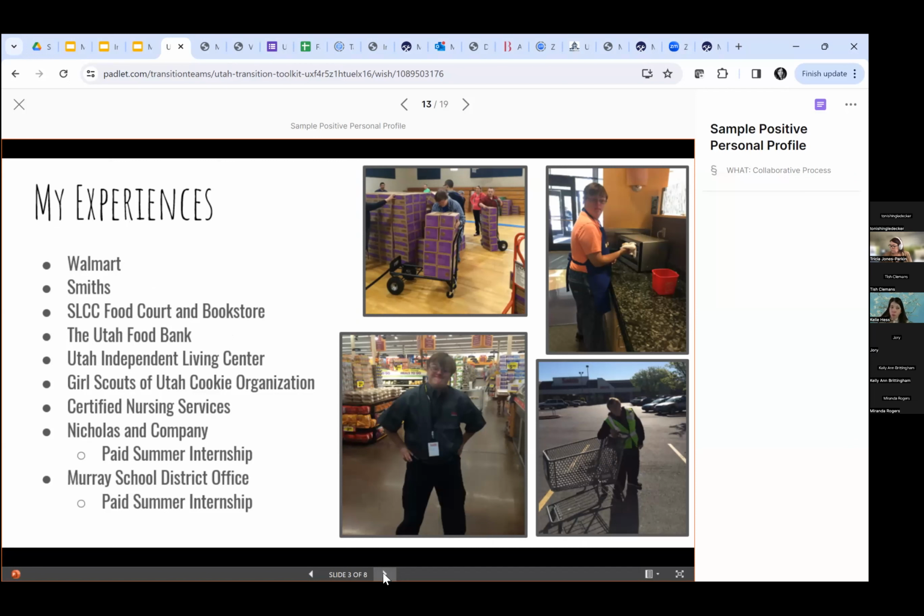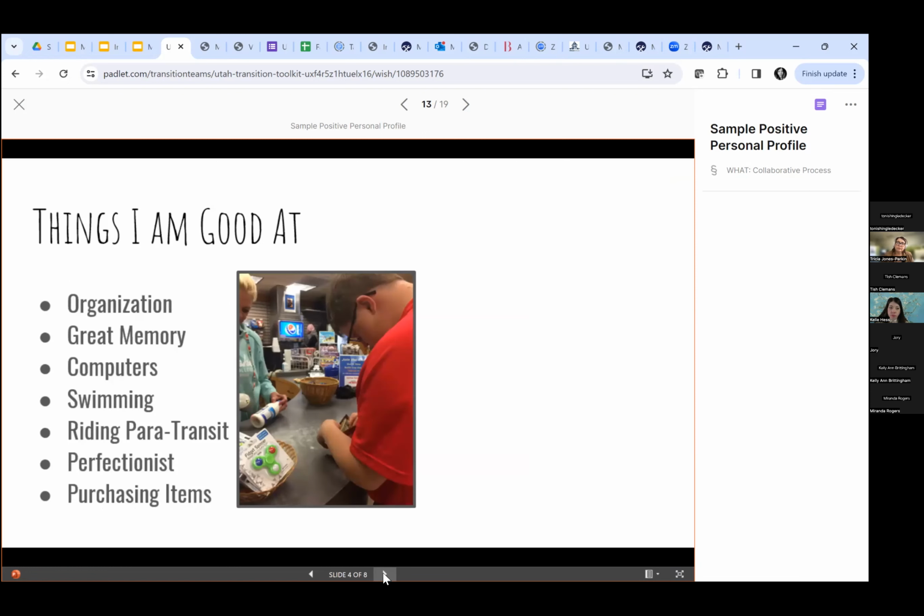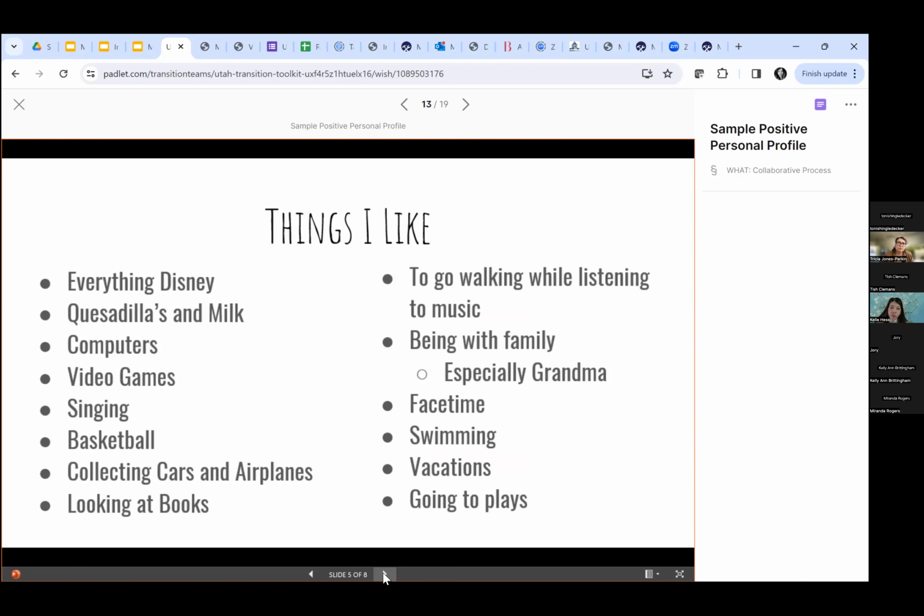It doesn't describe, I wish this gave a little bit more information because I happen to know that these experiences were done through work-based learning set up through his post-high program, which is great. I just wish it indicated things that I'm good at. Things that I like.